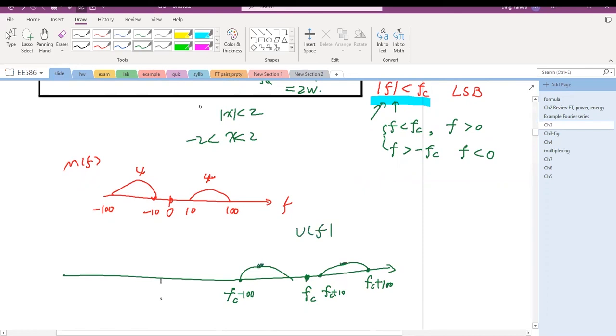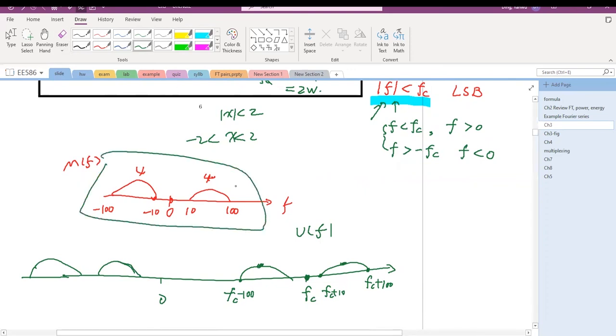I didn't calculate the magnitude, right? And this is 0, and then you have another portion like this on the negative side down here, because you move this whole spectrum to FC, and then to minus FC here, and then you take half the magnitude, considering the magnitude of the carrier as well.